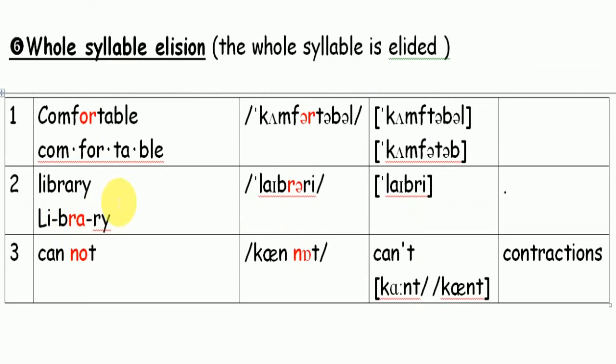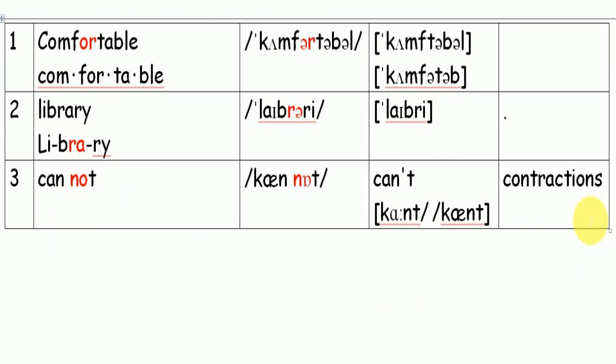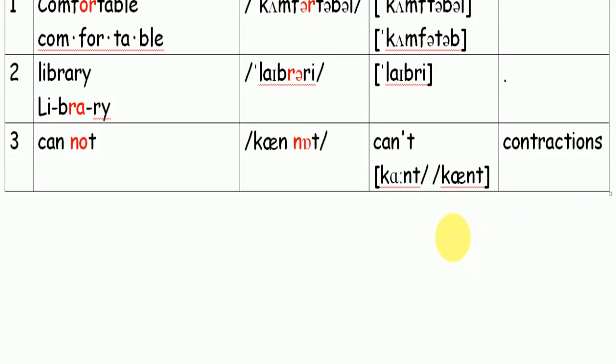Library: here we removed this whole syllable, which is the r sound. Cannot: here it is a contraction, and the contraction is one form of elision.